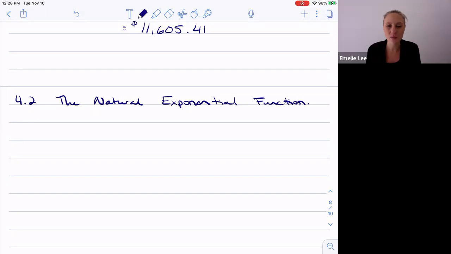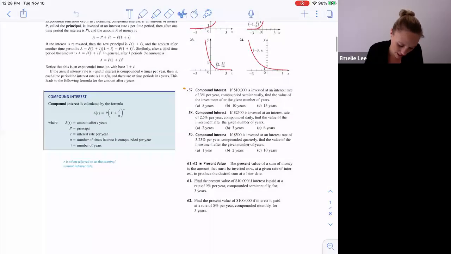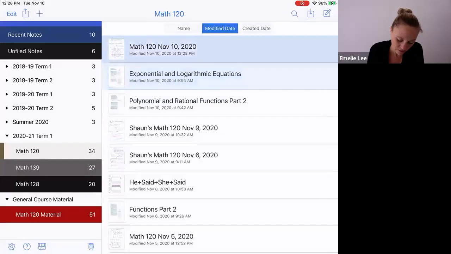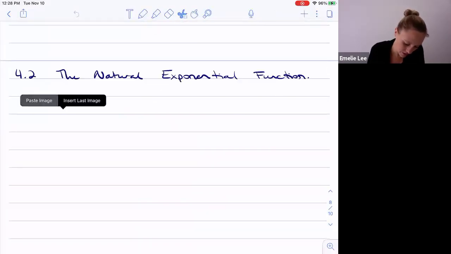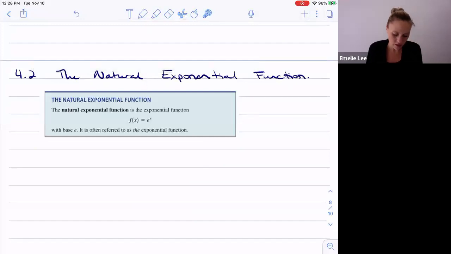So the natural exponential function has a special base, and it's just the base e. So e to the power of x might be familiar, right? And so we call it the natural exponential function, which is just e to the power of x.